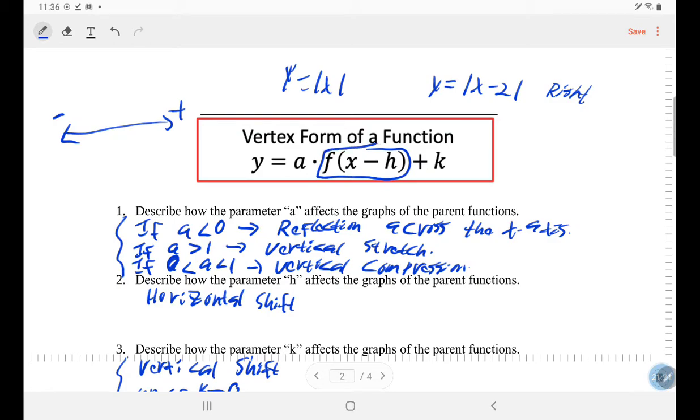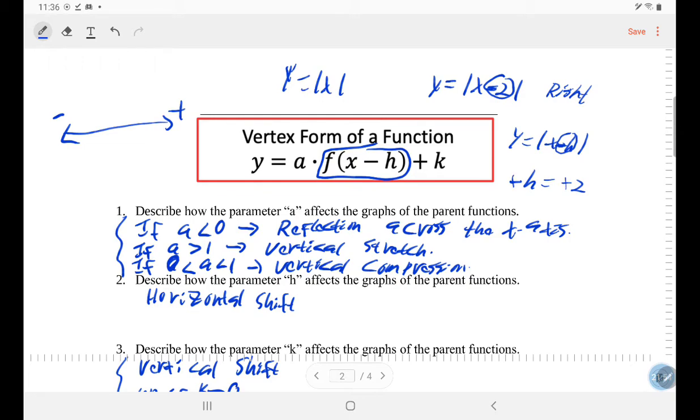Your parent function, or the vertex form, says that you take, in this case, our parent function is absolute x. So it's not h that matches up with this -2. It's actually negative h that matches up. See, this minus sign is already built in. So negative h is -2, so h is +2.